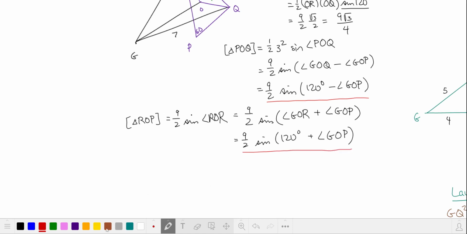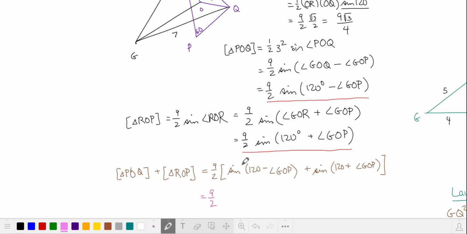Here are the areas of our remaining 2 triangles. Let's add them. We'll factor out 9/2. Notice that the formula for the sine of a difference is sine 120 cosine GOP minus cosine 120 sine GOP. Over here with the formula for the sine of a sum, we have sine 120 cosine GOP, and then it's plus cosine 120 sine GOP.